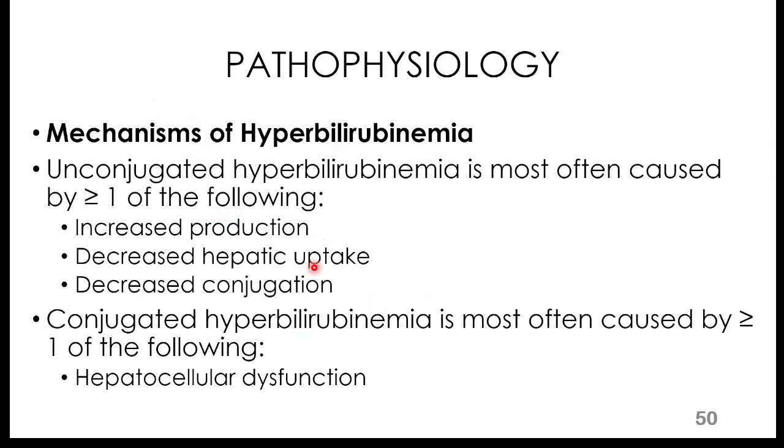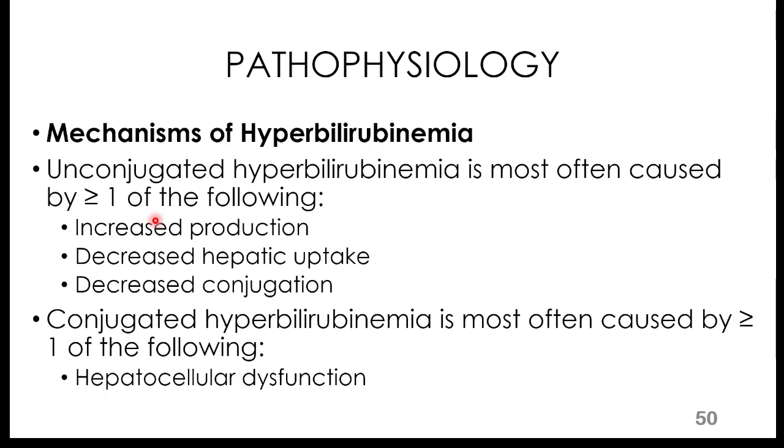Okay, so now the mechanisms of hyperbilirubinemia. For the unconjugated, it could be due to either increased production, decreased hepatic uptake, or decreased conjugation.